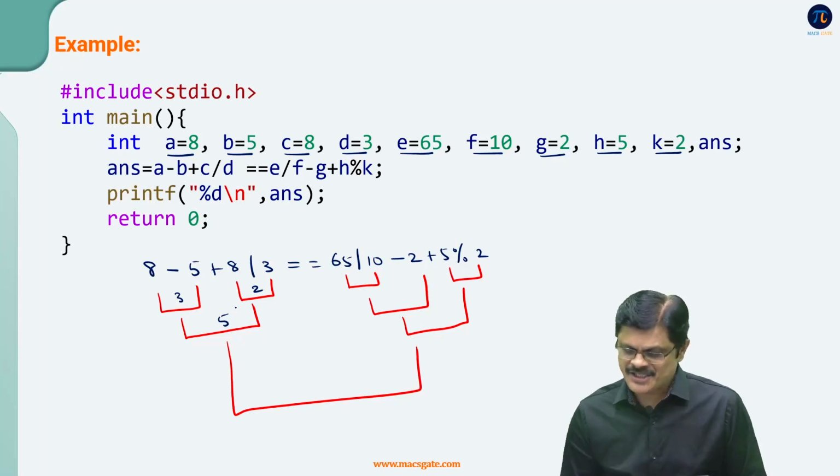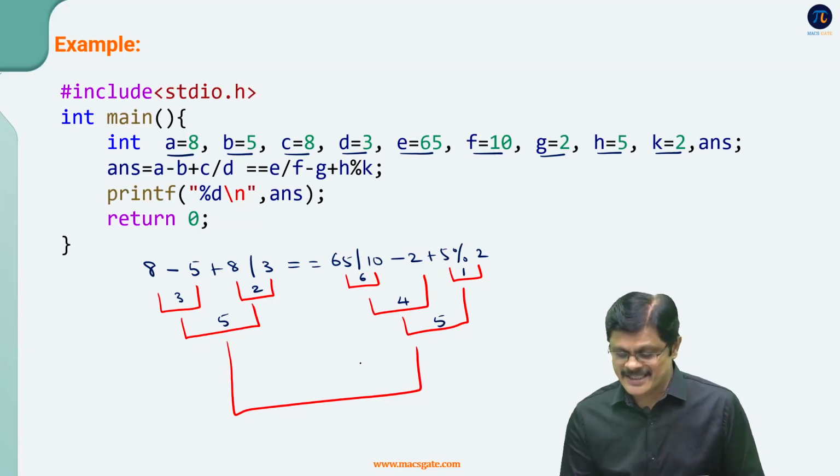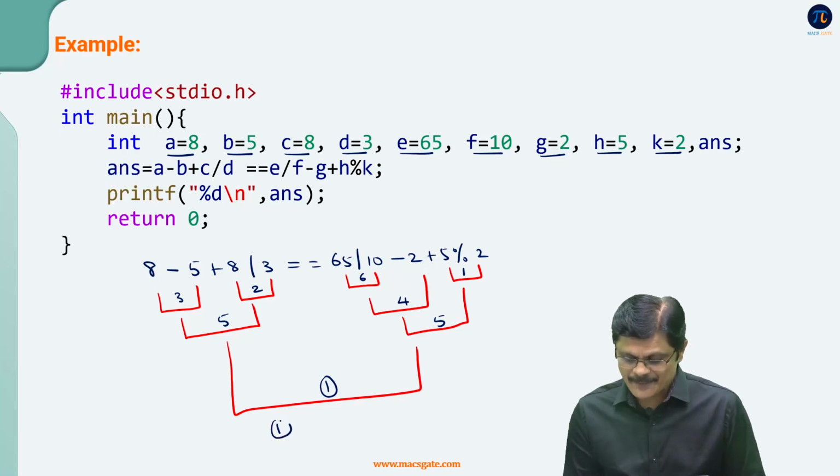Left side expression is done. Right side 65 by 10, 6 quotient, then 5 percentile 2 remainder which is 1, 6 minus 2 is 4 and 4 plus 1 is 5. Now, left side is 5, right side is 5, both are equal. So, the answer must be 1.